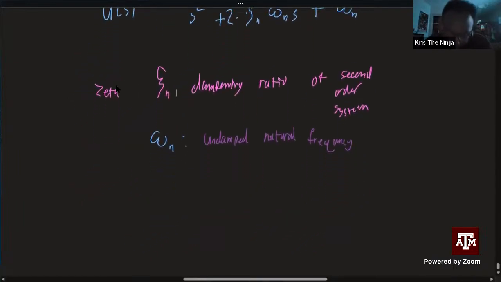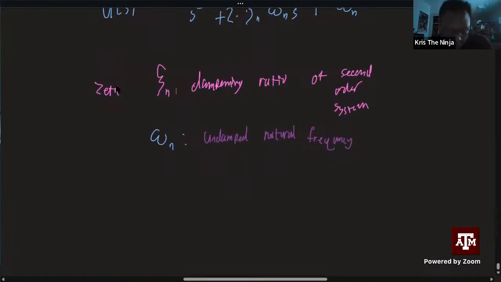And then you have some type of gamma ratio. Gamma, I believe in this class, is just typically one, but this is a ratio.